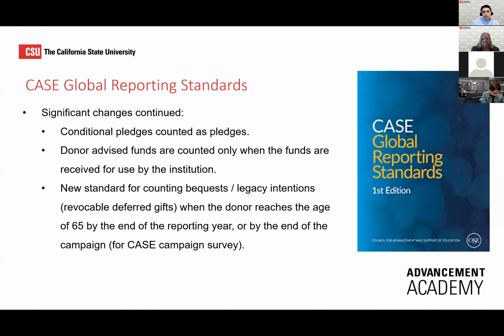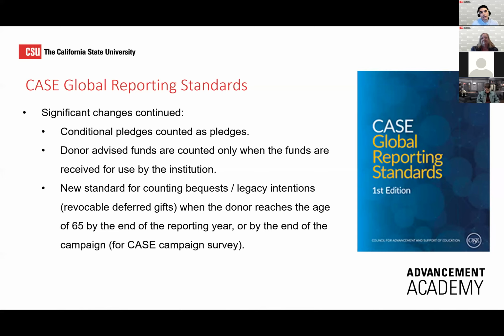And then I'll clarify too that all deferred gifts, both revocable and irrevocable, will be reported at both face and present value throughout the CASE survey and on the CSU summary sheet as well. Face value might be the more default form of valuing these for campaign standards, but when it comes to system-wide reporting and CASE reporting, you want both the face and the present value.